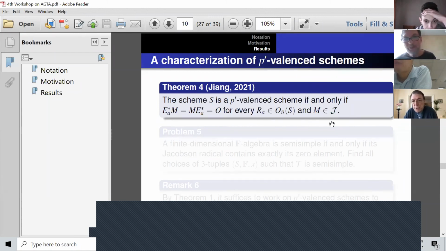The product, yes. But I'm wondering if this equation is trivial if the scheme S is thin. Good question. If S is thin, it means the radical of the algebra is an all-zero matrix. It's a simple algebra. If S is thin, then the modular Terwilliger algebra is simple, it's just a matrix algebra. So here is just an all-zero matrix, so if you have any element here, times it is a zero matrix.